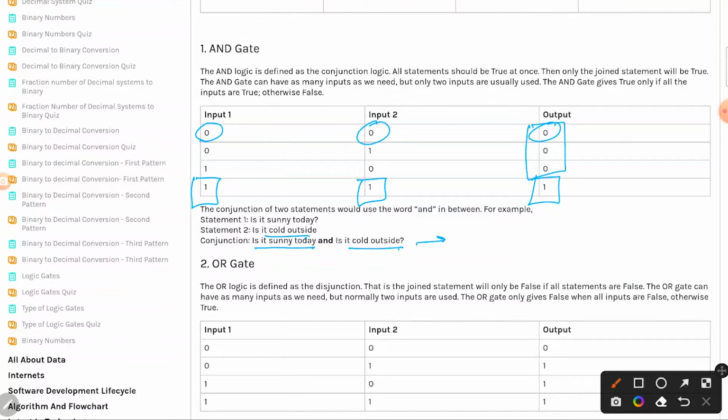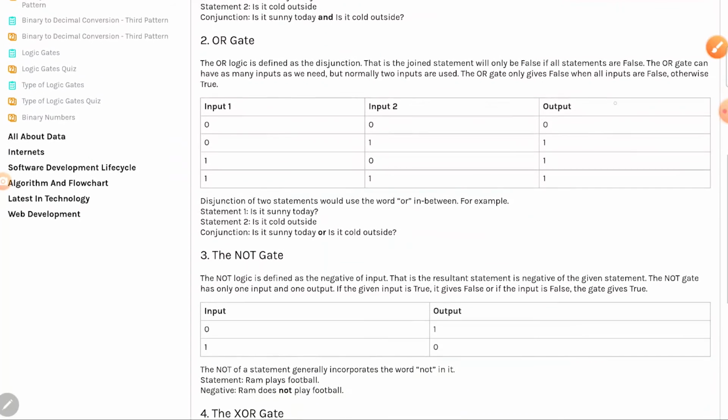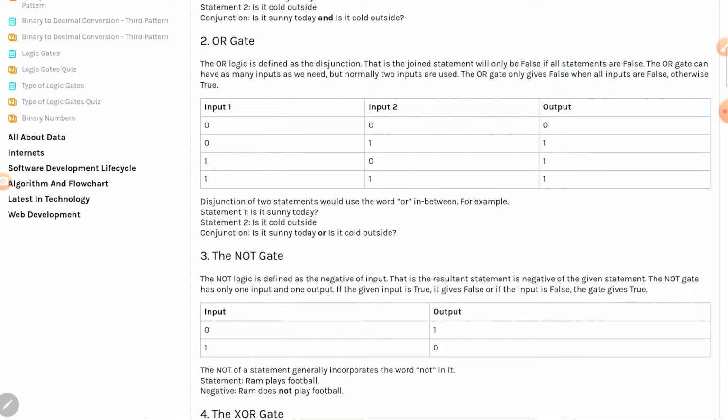Similarly, the second logic gate is the OR gate. OR is relatively the opposite of AND, which is less restrictive. The easy way for me to remember it is with my childhood example: AND is like my dad, he always says no, and OR is like my mom, she always says yes.